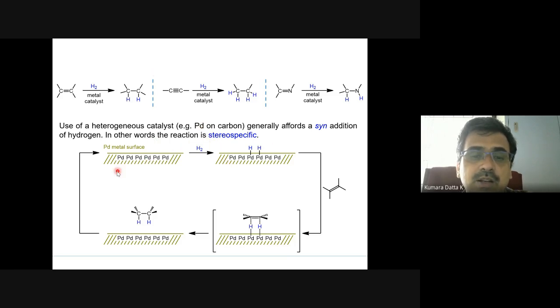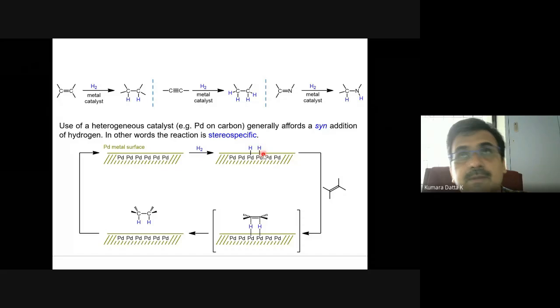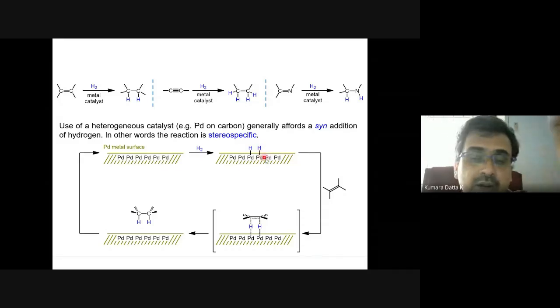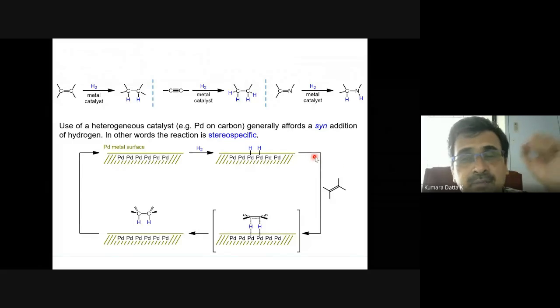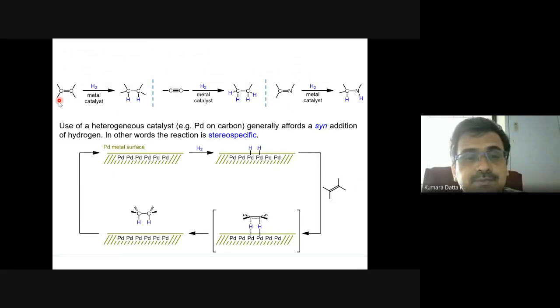So this scheme shows how hydrogenation reactions occur on this kind of substrates. We have a metallic surface of palladium. You pass hydrogen gas, and hydrogen forms nascent, reactive hydrogen, which then adds to the unsaturated carbons.